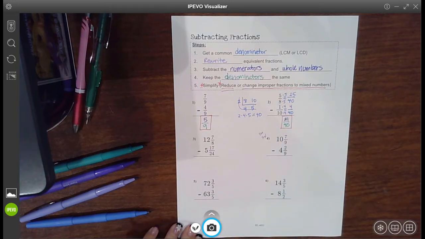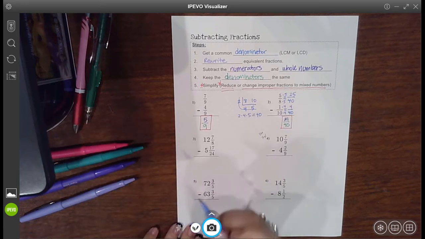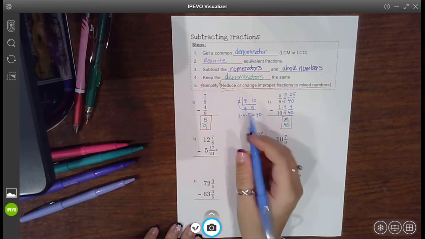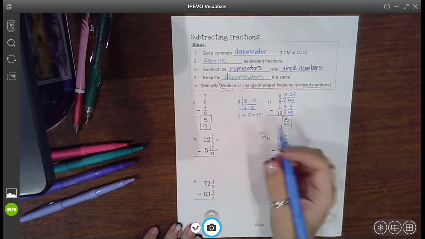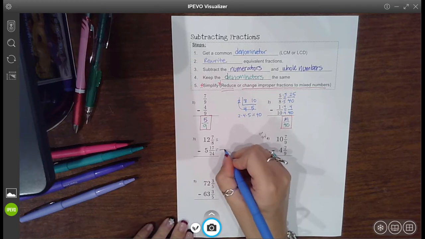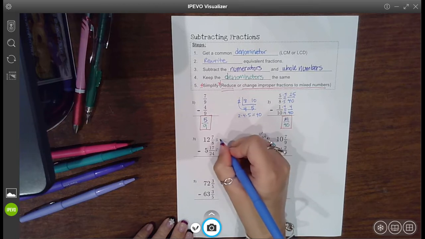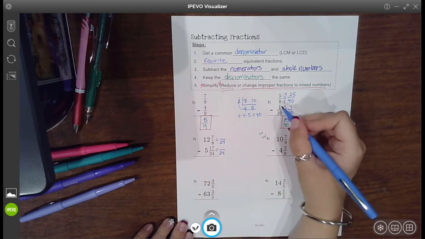Okay, my next one. Do they have common denominators? Nope. So you could do the ladder method, or if you do it in your head, look at the bigger number, 24. Can 8 become 24? Yes, it can. So then 24 is what they both can become. You could have also done it in your head with these two as well.